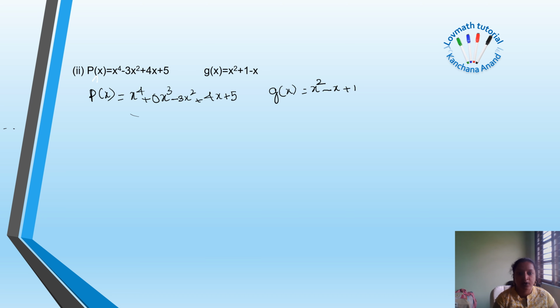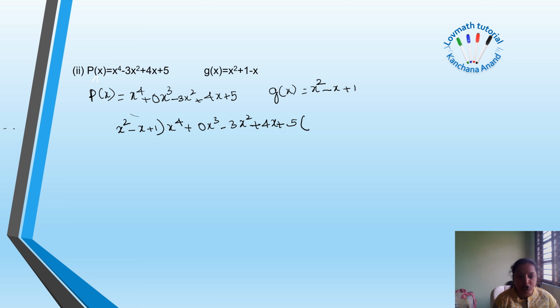Now let us divide this p of x by g of x. Therefore, x square minus x plus 1 divided by x to the power of 4 plus 0x cube minus 3x square plus 4x plus 5.